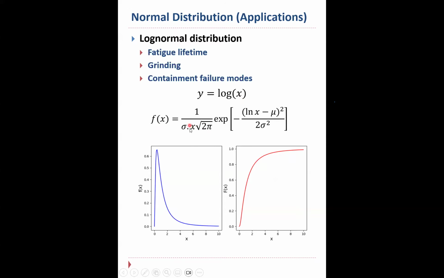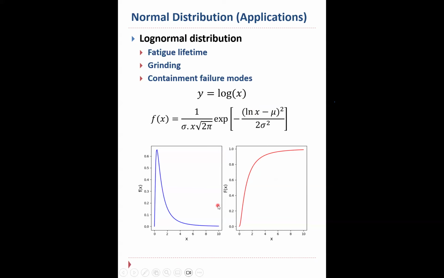However, we can notice that there is an extra x over here as compared to the normal distribution expression, and also, instead of x appearing in the exponent, we have the natural log of x.